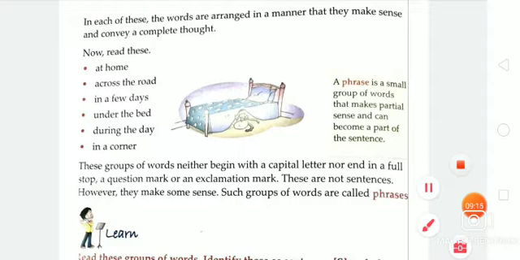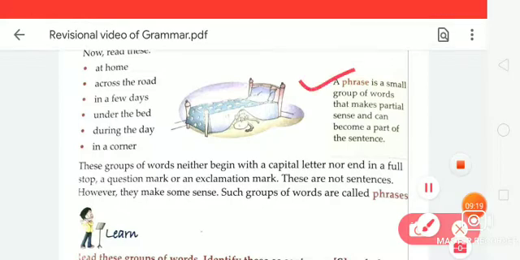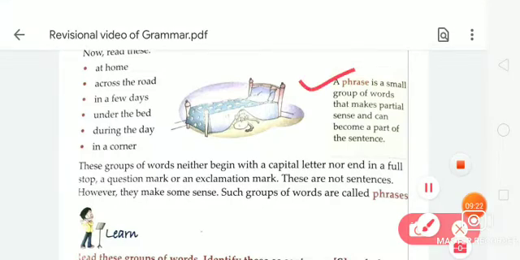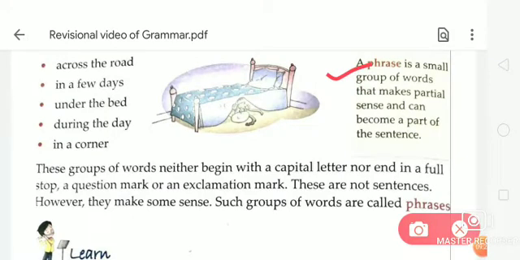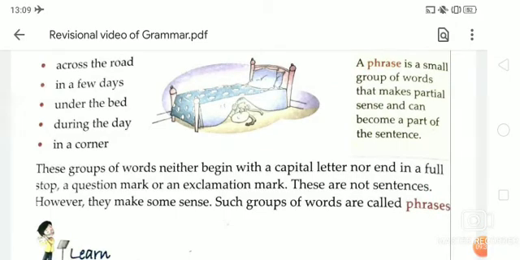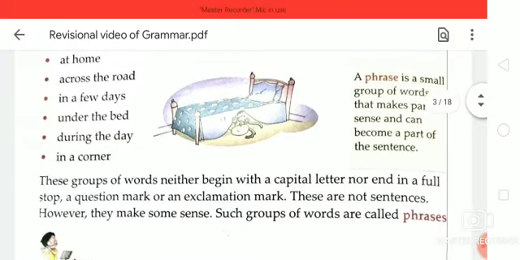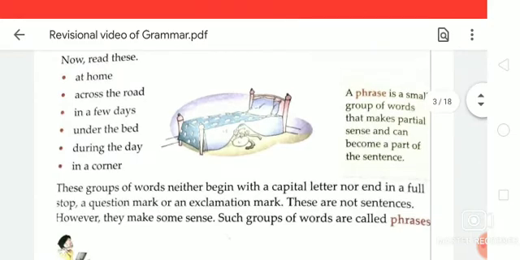It's called phrase. What is a phrase? Do you know about the phrase? Tell me. A phrase is a small group of words that makes partial sense and can become a part of the sentence. Student, if you learn grammar, you must identify the difference between a sentence and a phrase.